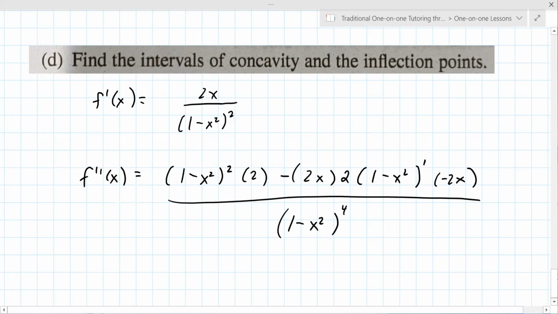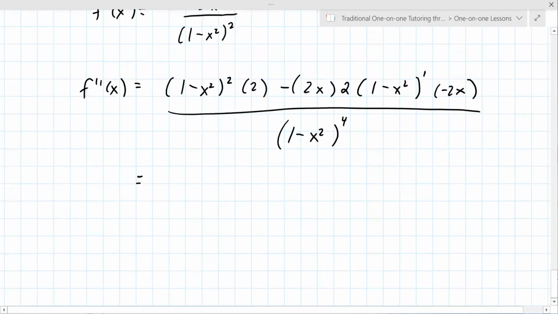And we do have to clean this up, unfortunately. So do you see that there's a 1 minus x squared here and a 1 minus x squared here? Still with me? Yep. Okay. So we got to do a lot of this in one step or it gets really messy. So if we factor 1 minus x squared out from each of those, it cancels with this down here.